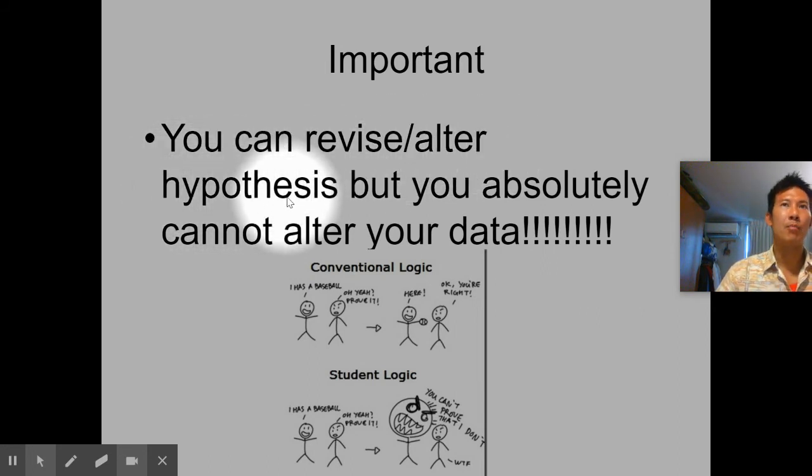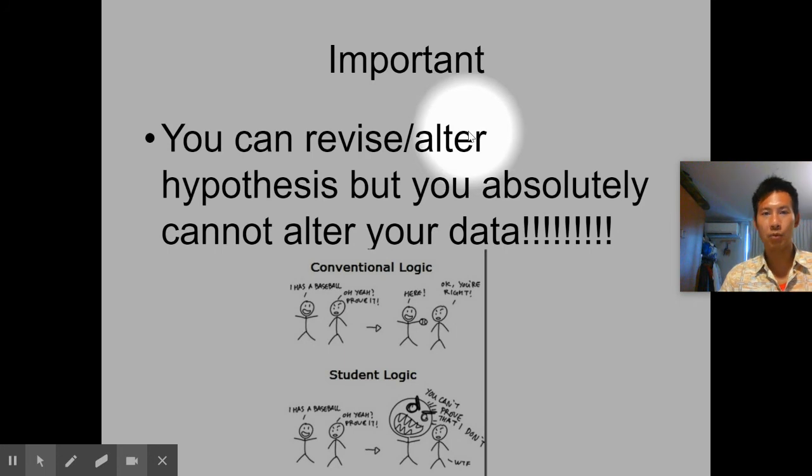Okay, if at some point in the process, even if you're not at the end of the process, if you notice some very drastic results, for example, you can always just revise or alter your hypothesis. All right. And of course, even if you reach the end of the scientific process, after you document, you always continue to revise your hypothesis. Remember, that way, more and more problems can get solved.